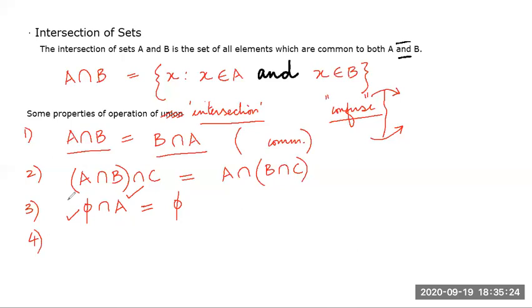Okay, you got confused with union. Union of phi and A is A, right? Okay, guys. And then comes, what about universal set? U intersection with A would be equal to... intersection always limits.